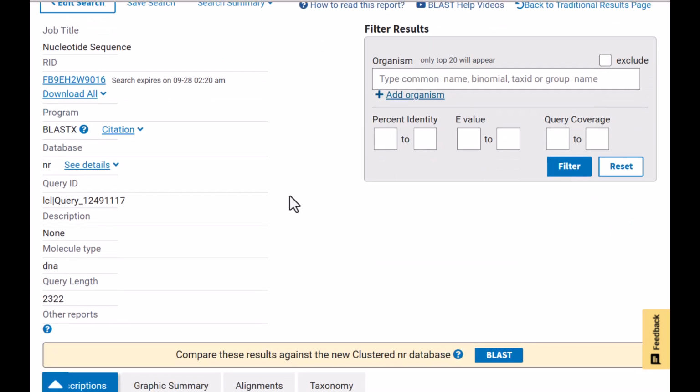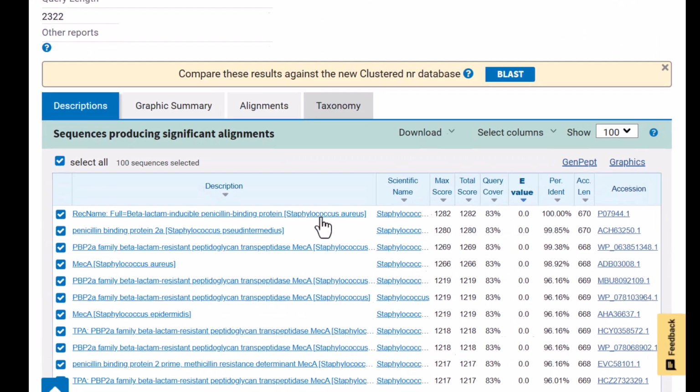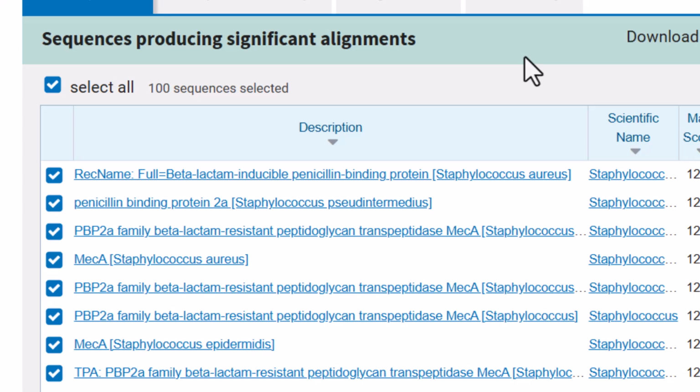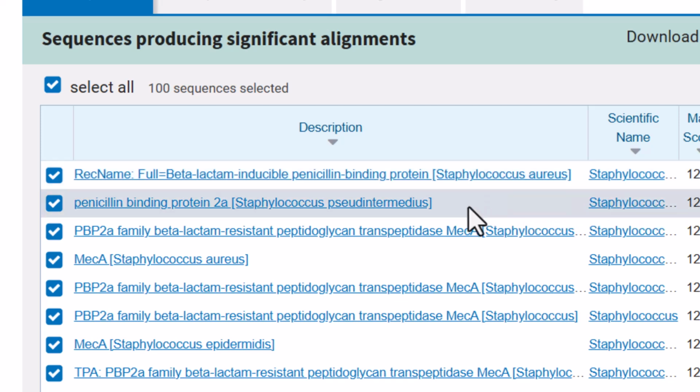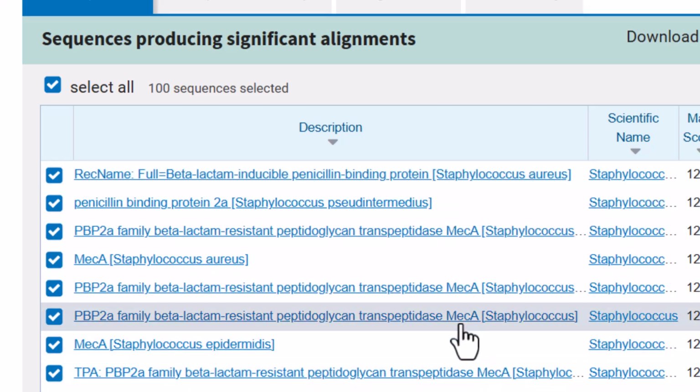Alright, so let's scroll down on our BLAST results, and it is beta-lactam inducible penicillin binding protein, Staphylococcus aureus. Sounds pretty mysterious. Let's do a little bit more research. So Staph aureus is definitely potentially a pathogen, MecA protein, so it gives us some information here.